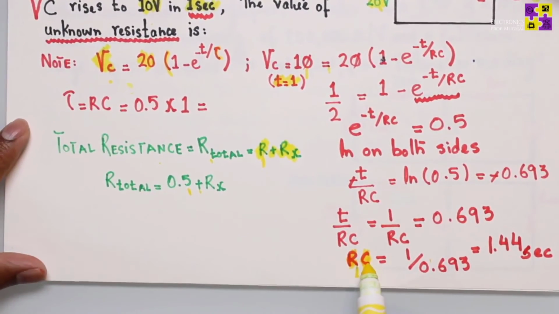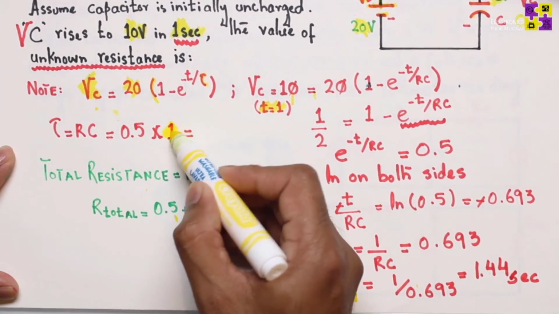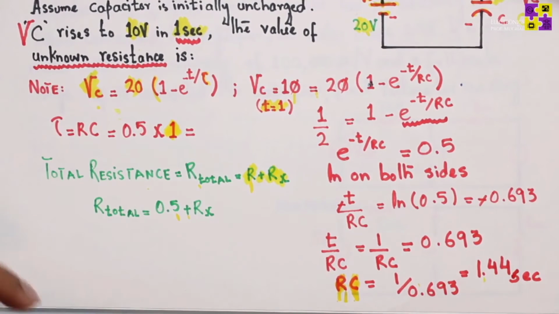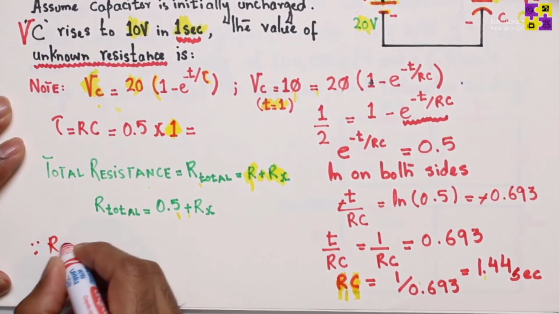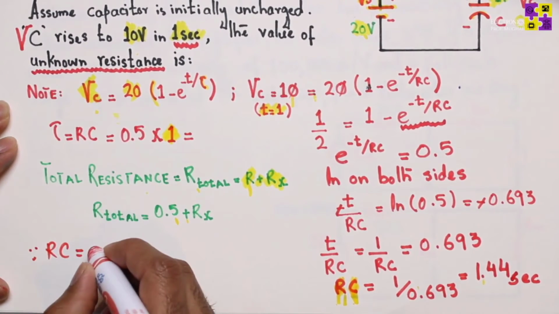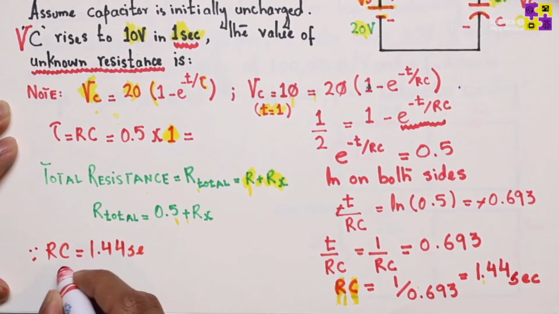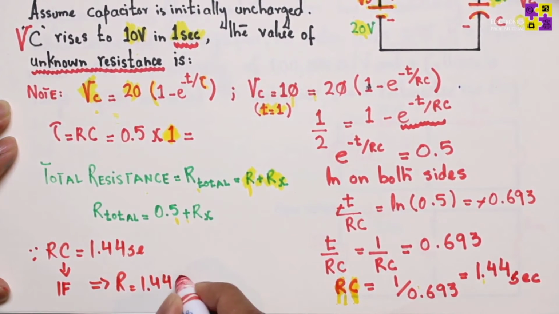Well, because the capacitor value is 1 farad, R becomes 1.44 ohms. RC equals 1.44 seconds, and this being 1 farad, that means R is going to be 1.44 ohms, right?